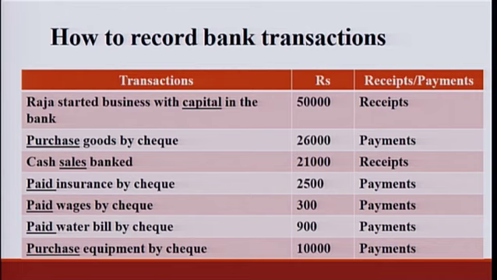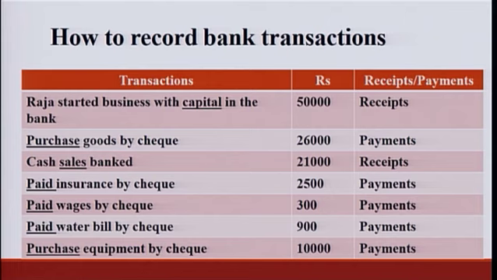Purchase goods by check 26,000 rupees. This is a payment. Cash sales banked 21,000 rupees. This is a receipt. Paid insurance by check 2,500. This transaction is a payment.